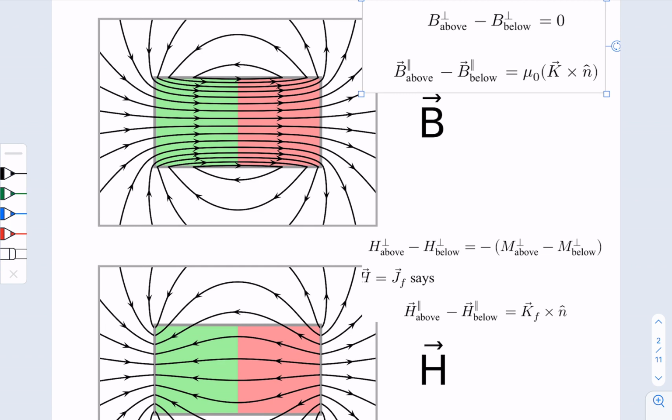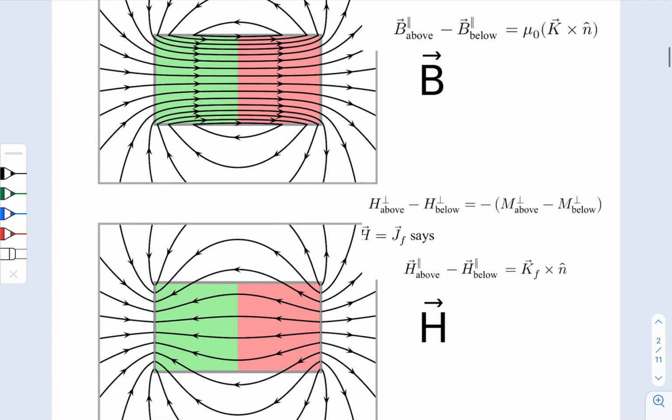For the H field, in this problem there is no free current, so here the Kf is always equal to 0. That means that this H parallel should always be 0. And this H perpendicular is actually different: it is the difference of the magnetization vector between the two sides in the perpendicular direction. So keep that in mind.